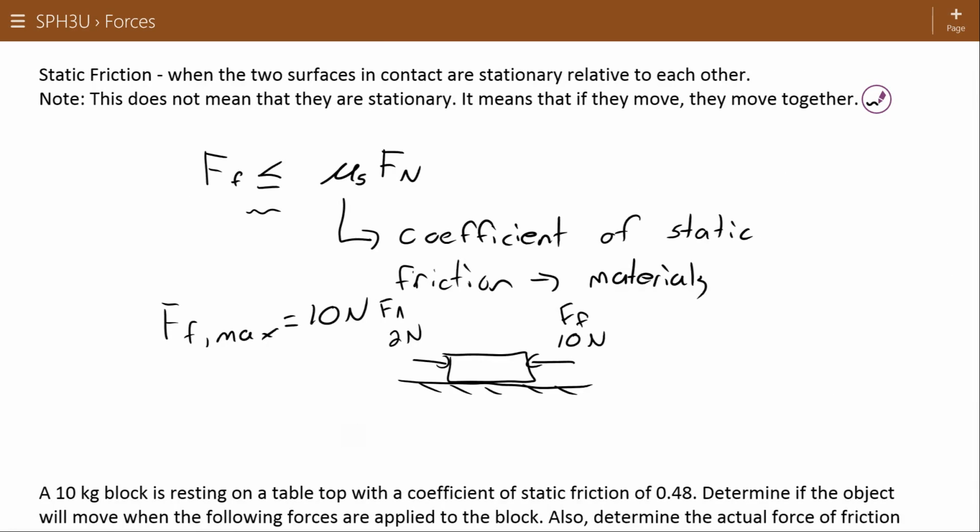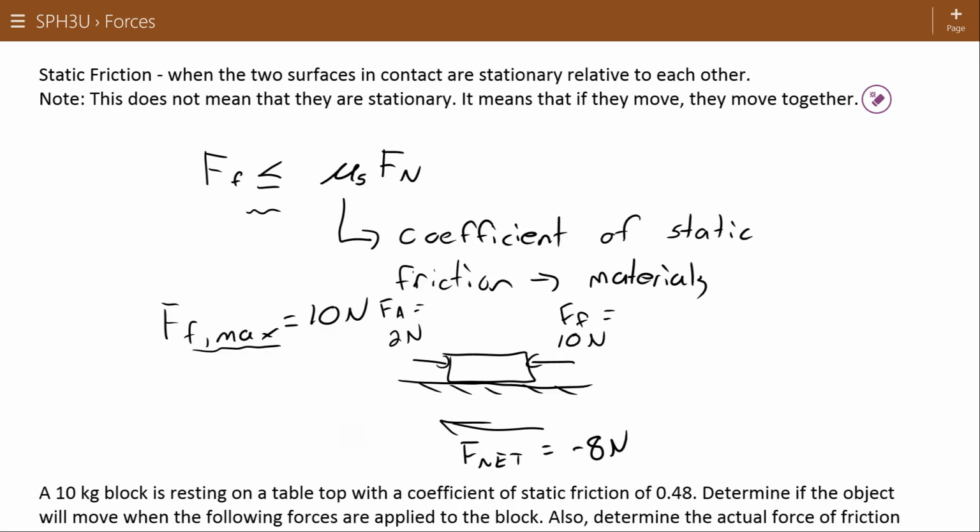This is your applied force. This would be your frictional force. What that would mean is you push lightly on the side of the book and friction resists you so hard that somehow it pushes the book back towards you and accelerates it. That doesn't make any sense. When you push on the side of a book, it doesn't all of a sudden start moving towards you. So remember, this is the maximum value that frictional force can take on before this object is going to slip, start moving, and stop being static friction and become what we call kinetic friction.